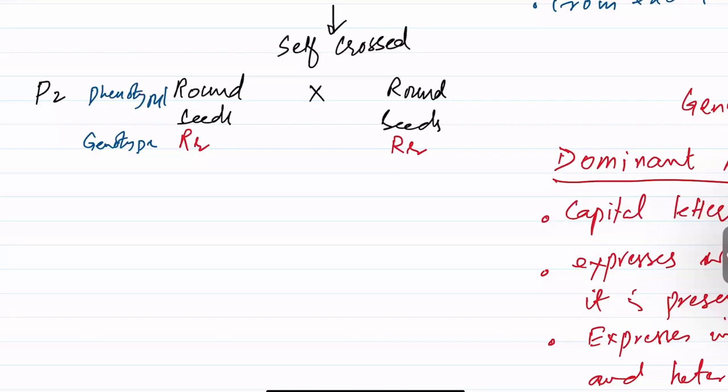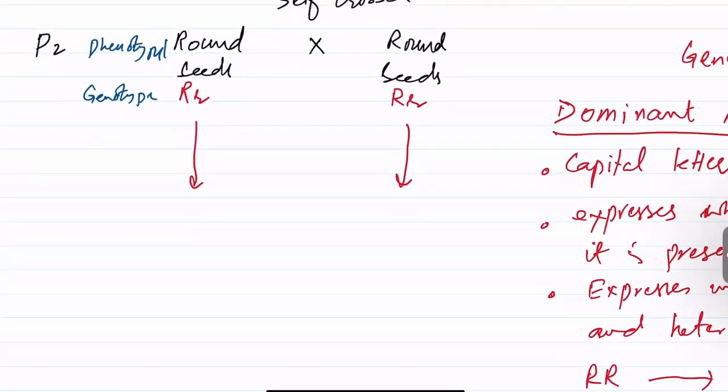Okay, the gametes produced will be of two types. Half of them having R capital, we put comma in between, and other half having R small.